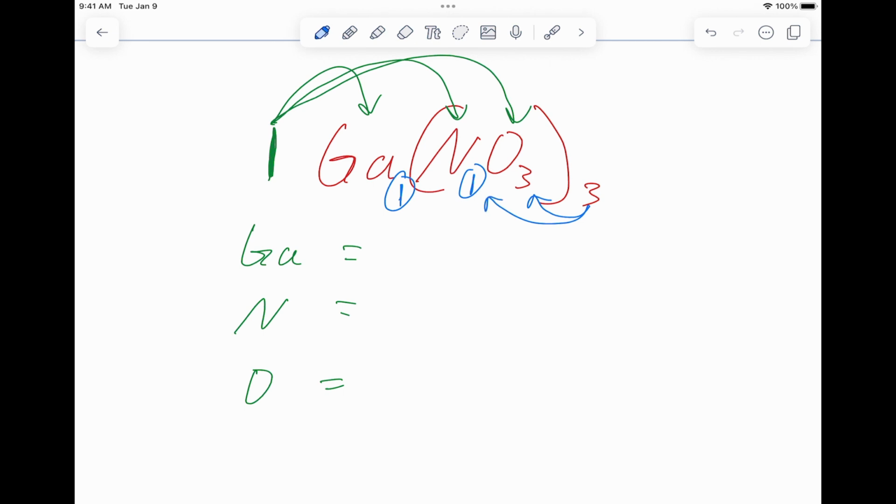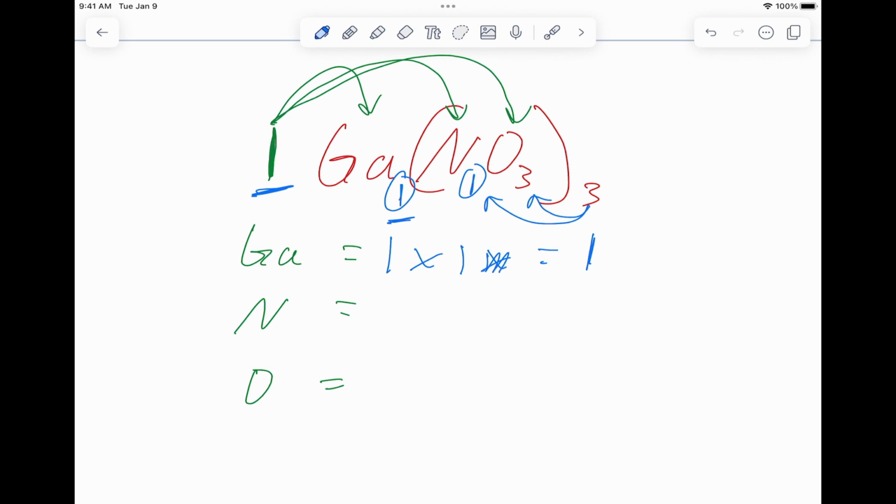So gallium is going to be a 1 here times 1. It's just 1 times 1. So there's going to be 1 gallium in this one.